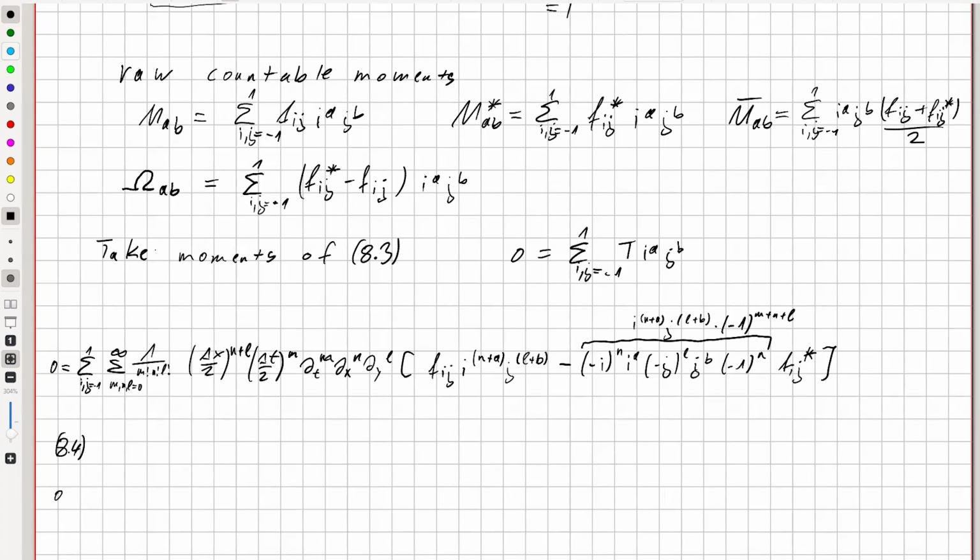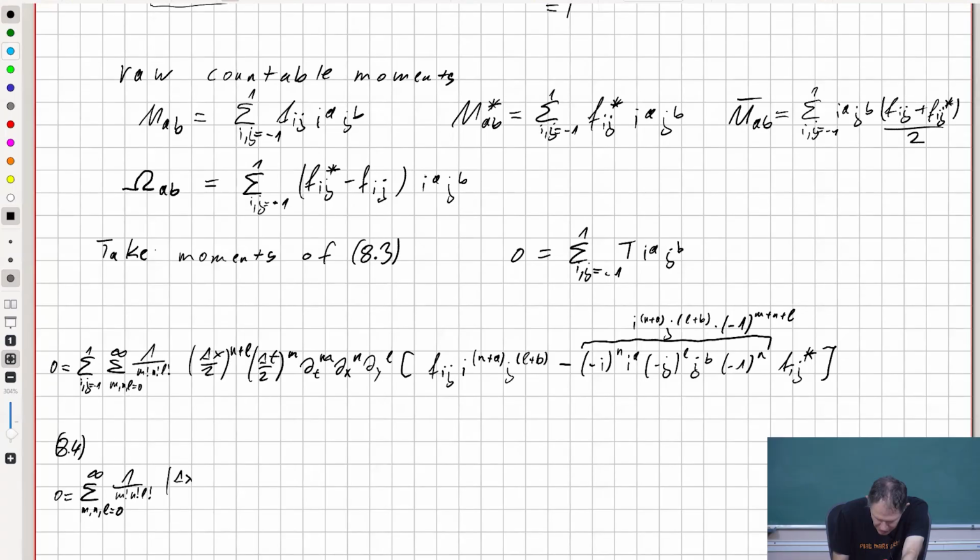By saying this: 0 is equal to the sum over m, n, l equal to 0 going to infinity of 1 over m factorial n factorial l factorial. So we still have delta x half to the power of n plus l, delta t half to the power of m.